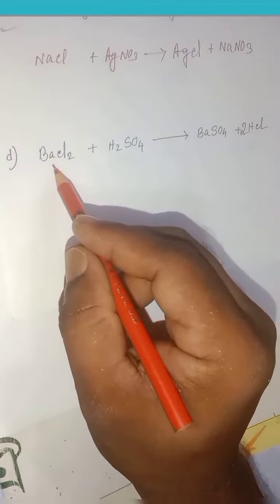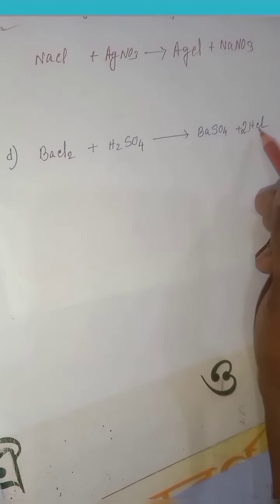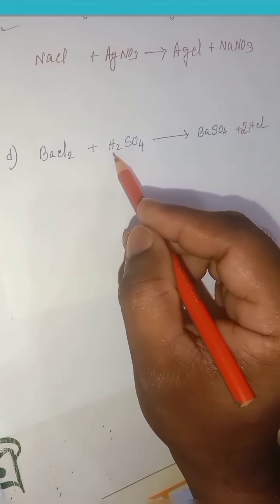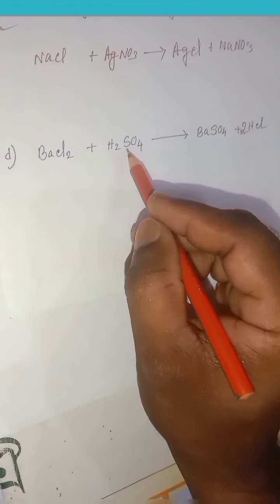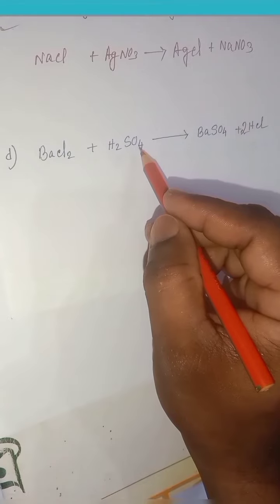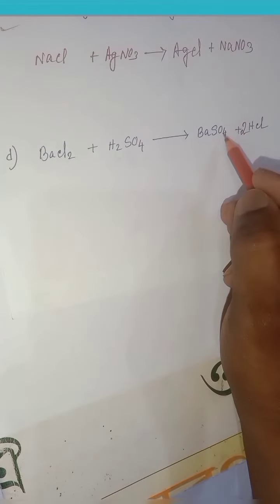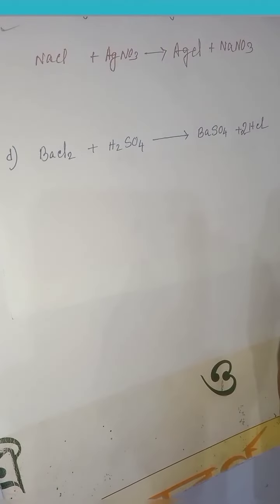Now barium 1 and 1, chlorine 2 and 2, hydrogen 2 and 2, sulfur 1 and 1, oxygen atoms 4 and 4. On the left-hand side and right-hand side, everything is balanced.